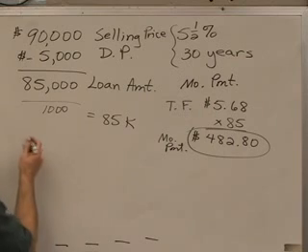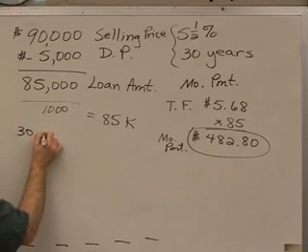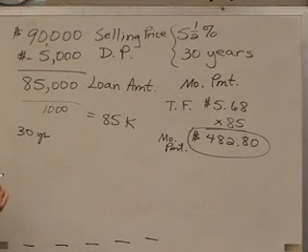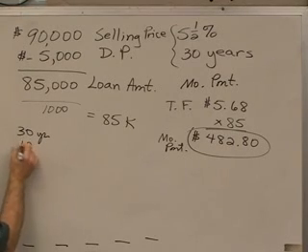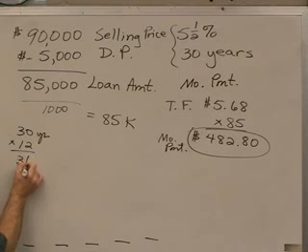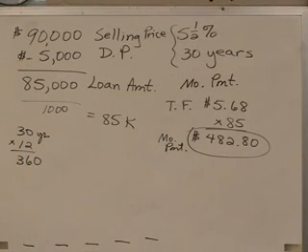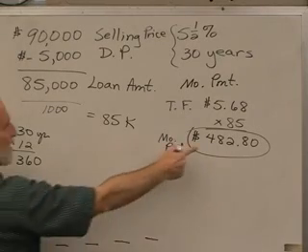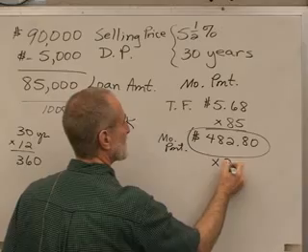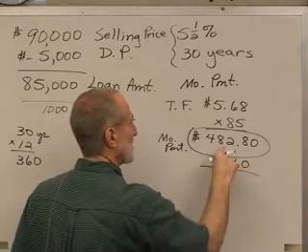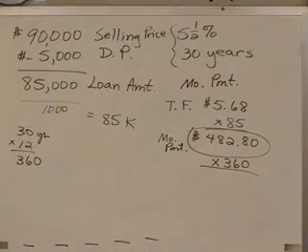So if we borrow money for 30 years and we make monthly payments, how many payments are we going to make in 30 years? We're going to multiply this by 12, aren't we? We're going to make 360 of these payments. Okay? On a 30-year loan, we're making 360 payments. So let's multiply 360 times this number, and that's going to be the total amount of payments that we spend in 30 years.